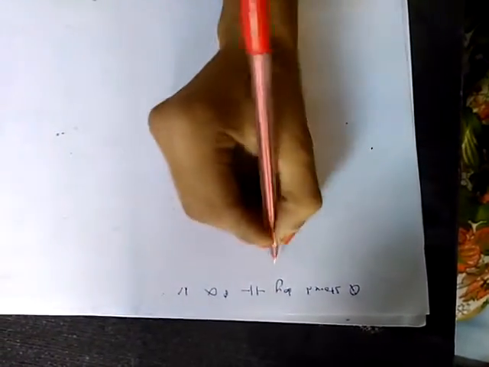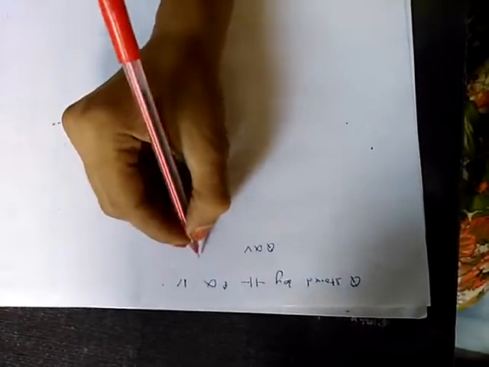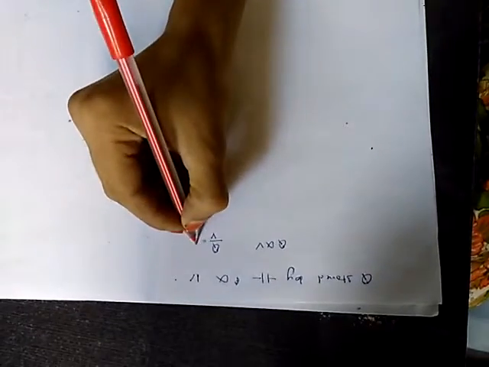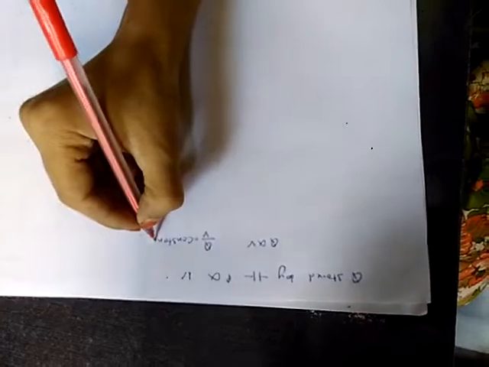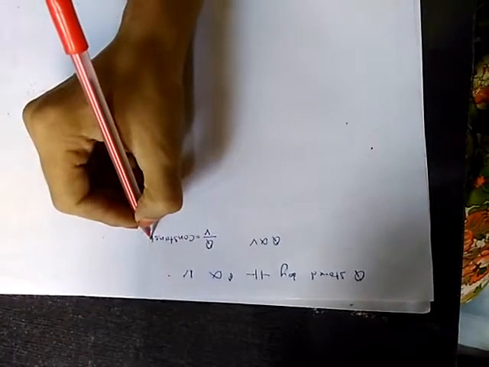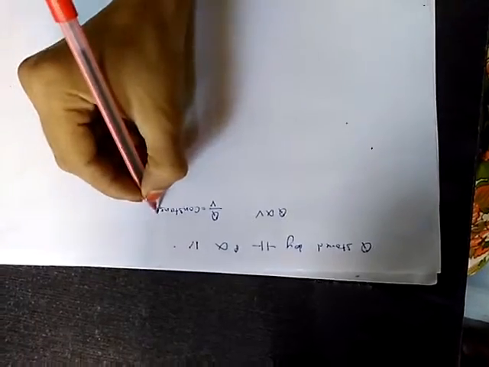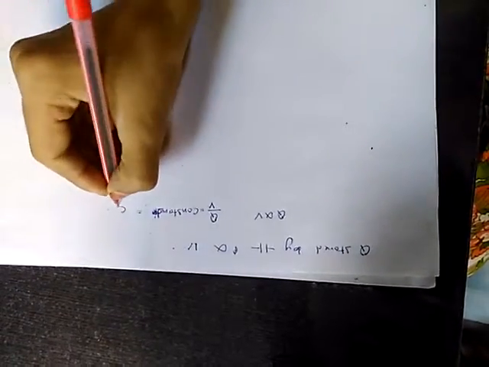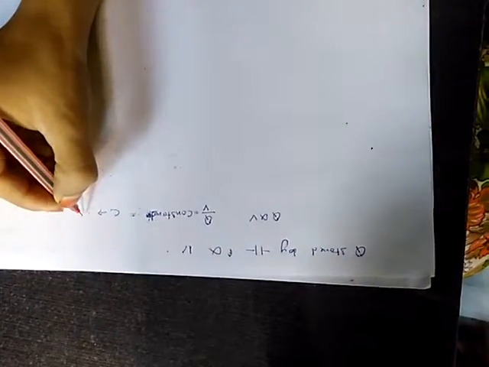That means Q is directly proportional to V. We can also write Q upon V is equal to a constant. We explained this in the previous page. So this constant is called C. C is called the capacitance of the capacitor.